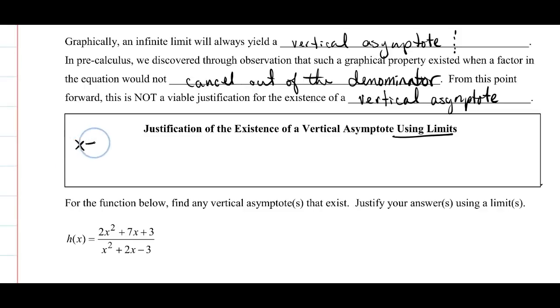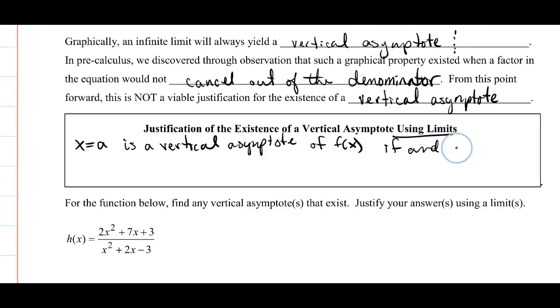X equals A, some value A, is a vertical asymptote. We could also say a vertical asymptote exists at x equals A. It is a vertical asymptote of the function if and only if. This is your only means of justifying.